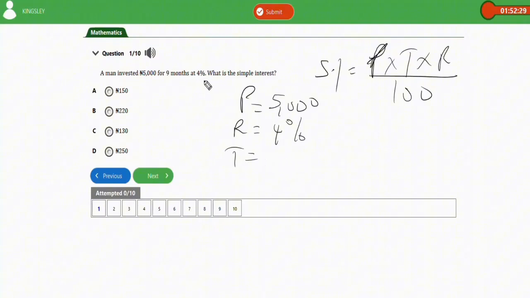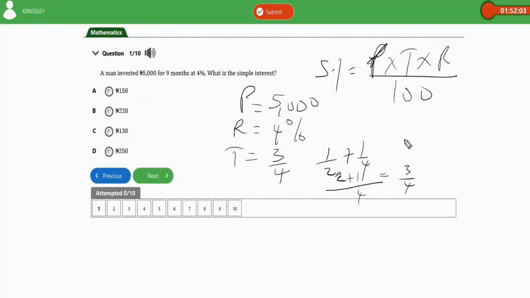If you convert 9 months to a year, it is 3 over 4. Let me show you. It's half of a year plus a quarter. The LCM is 4: 2 into 4 is 2 times 1 is 2, plus 4 into 4 is 1, 1 times 1 is 1, so this will give you 3 over 4.